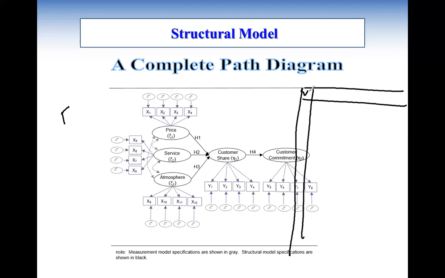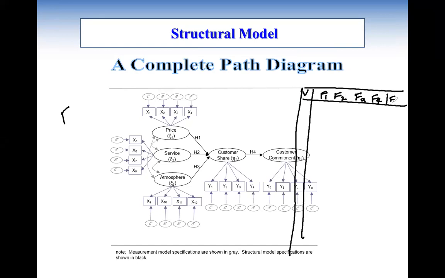These are the variables, and factor 1, factor 2, factor 3, factor 4 and factor 5. So there are 5 factors.